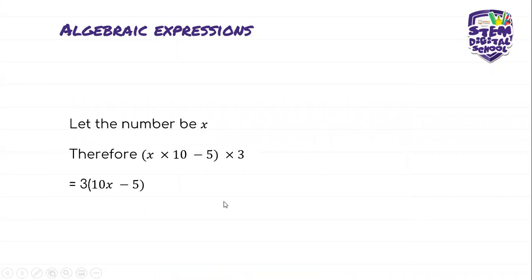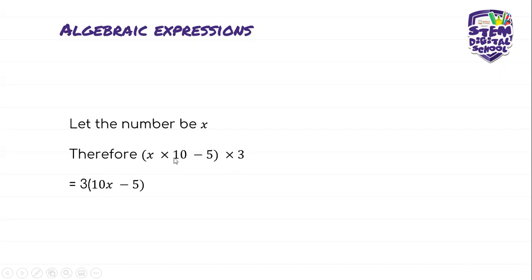I hope that it makes sense. This is the expression which was in words, and now we have put it in the form of an expression. We said multiply a number by 10. Let the number be x. So x times 10, and then you subtract 5 from the product. And then you multiply everything by 3.